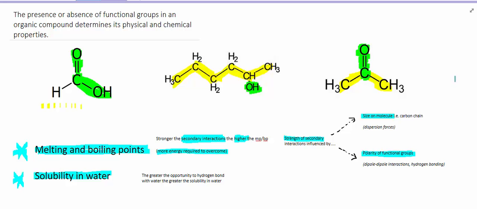Now, what you need to consider is the relative influence of that functional group in relation to the non-polar component of the molecule, and also the number of sites where hydrogen bonding is possible. So the more functional groups, for example, if it's got 2 or 3 hydroxyl groups, will increase its solubility.